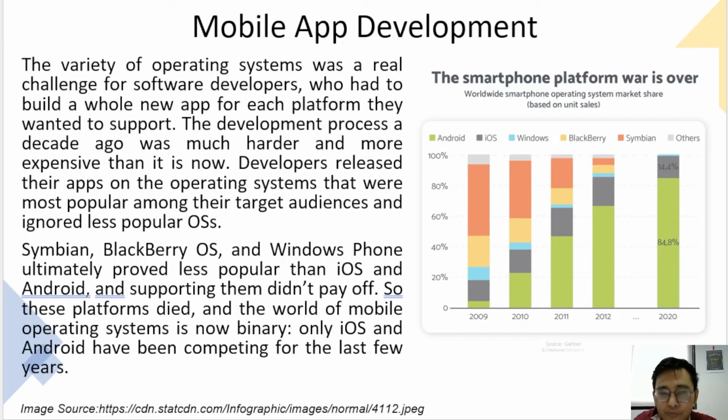So the smartphone has a variety of operating systems, as we know. It was a real challenge for software developers to build a whole new app for each platform they wanted to support. For example, we have Android and iOS with the highest popularity.